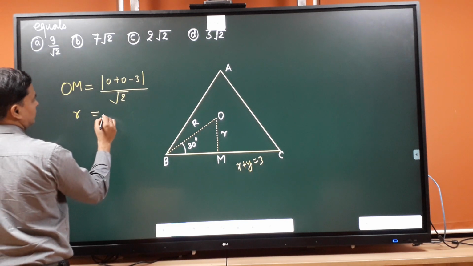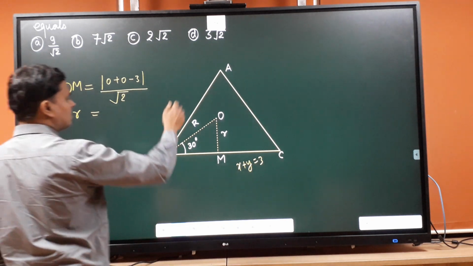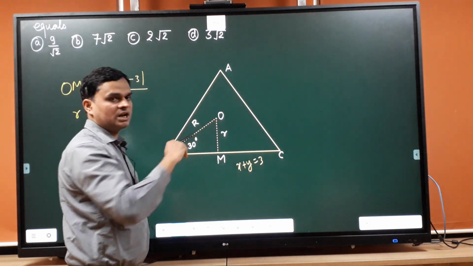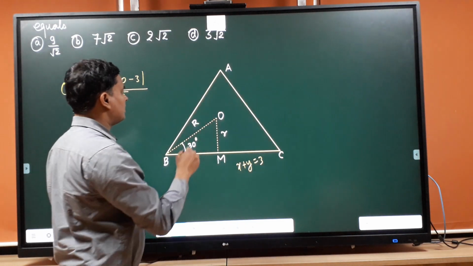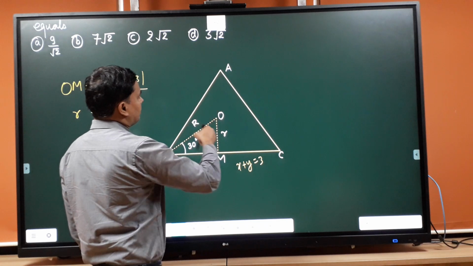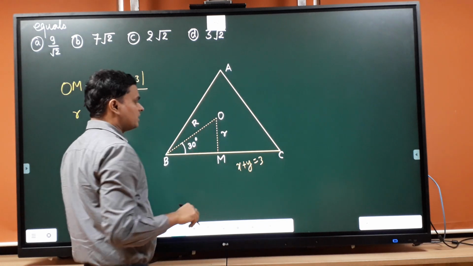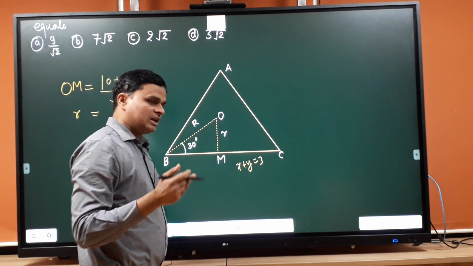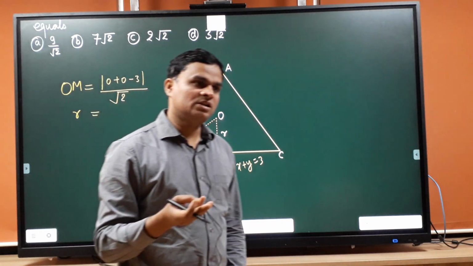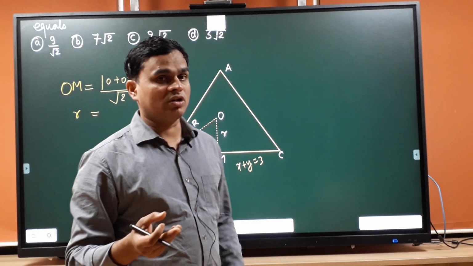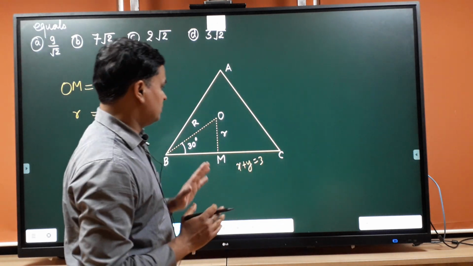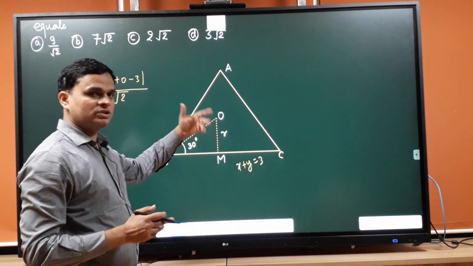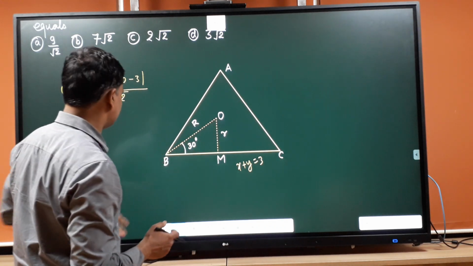I think this diagram is clear. The circumcircle is the circle that circumscribes this triangle, and the incircle is the circle that touches all three sides. One more concept here is that in an equilateral triangle, the centroid, incenter and circumcenter all coincide. That is why this is the centroid here and also the circumcenter here.